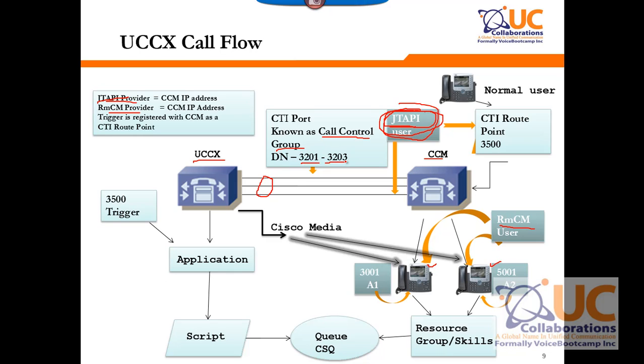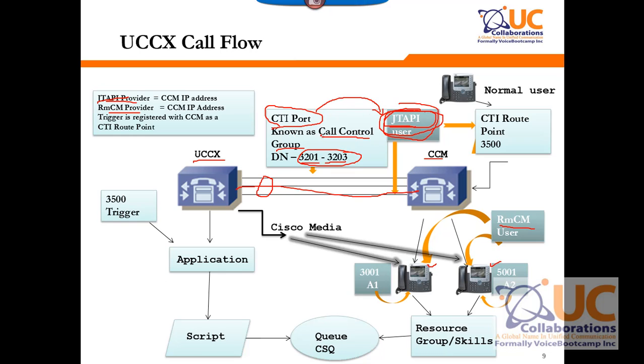Remember, earlier I said that everything is reachable using a directory number: application, users, phones. Every one of these extensions is going to have a directory number. We set up this call control group from the contact center, but in reality, what the contact center does is log into call manager and create CTI ports with the same directory numbers, and then associate these CTI ports with the user account called JTAPI, because it is going to control those ports' communication.